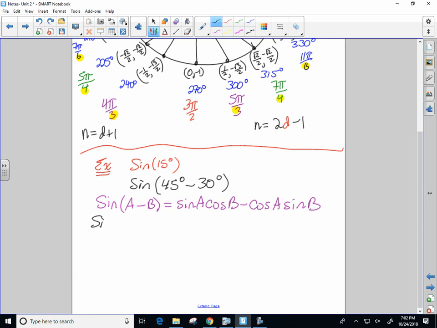So what I would say, if I want sine of 15 degrees, I would designate the A value as 45, so sine of 45, cosine of 30, that's my B value, minus cosine of 45, sine of 30.